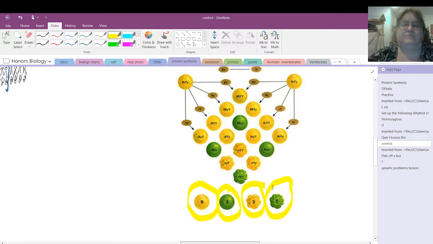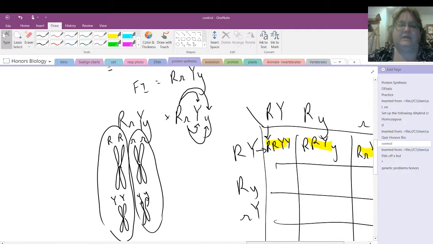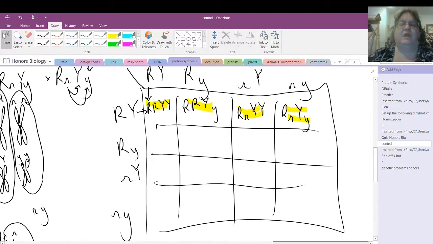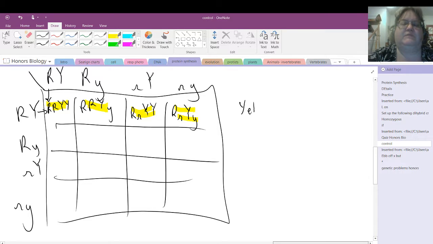Now, if we want to prove it to ourselves, go back, fill in the Punnett square, and then fill in this chart. What you're going to do is figure out how many of these 16 are yellow round. You're going to prove it to yourselves.